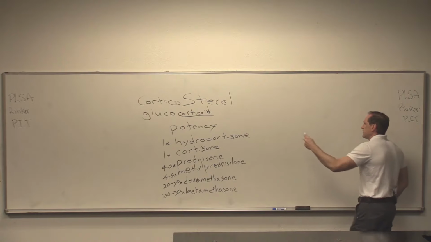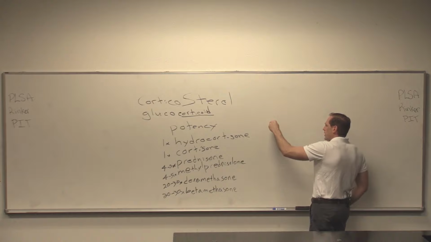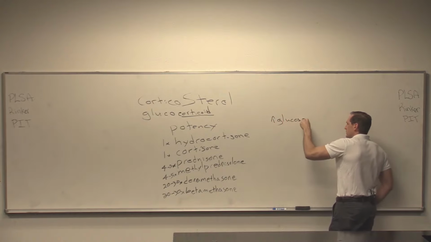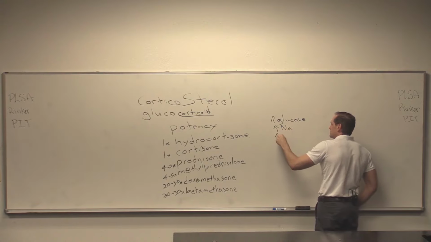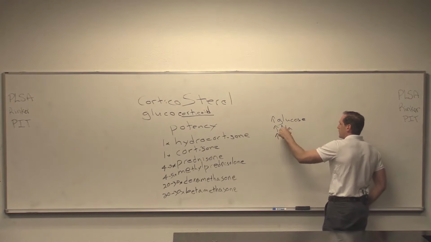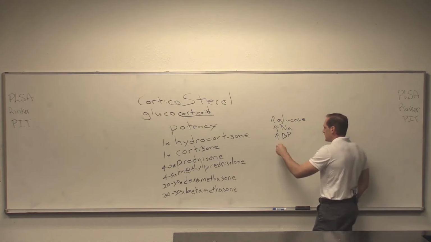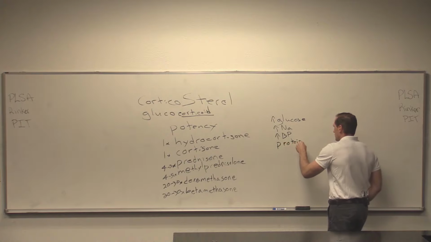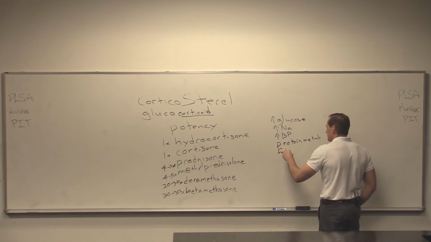So at physiological doses, cortisol does things like it raises glucose levels, it raises sodium levels, and it raises blood pressure by raising sodium levels. It's going to affect protein metabolism and fat metabolism.